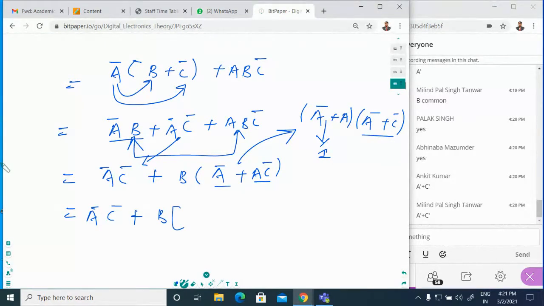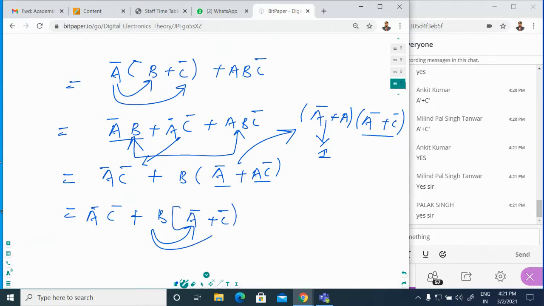Okay, clear? You can represent this A bar plus AC bar with A bar plus A and A bar plus C bar. And A bar plus A is equal to 1, and the remaining part can be represented as it is. So it becomes A bar plus C bar.